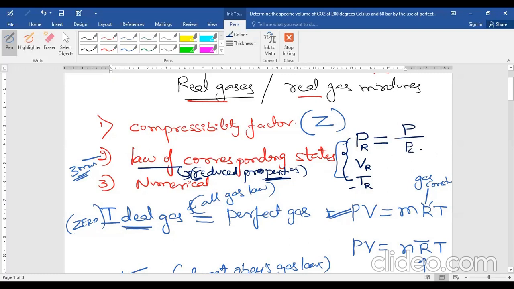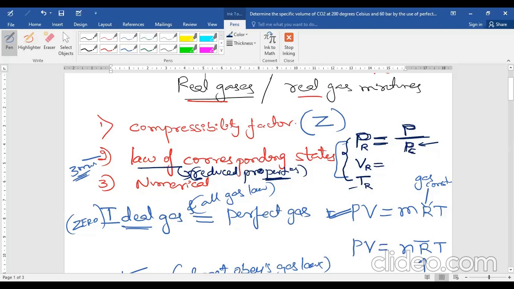Critical pressure value will be available from the thermodynamic data handbook. Critical point, triple point, etc., we already discussed in the previous classes. The property measured at the critical point is called critical pressure. So reduced pressure is defined as the ratio of pressure of the gas divided by critical pressure of the gas.